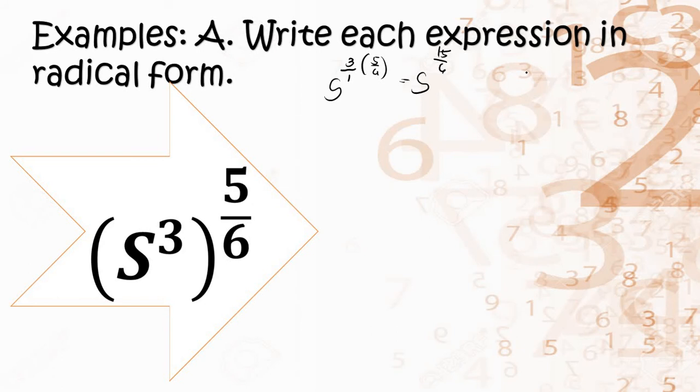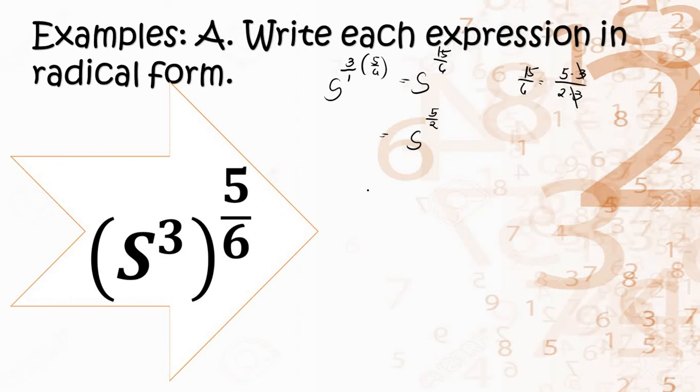Let's get the lowest terms. The factors of 15 are 5 times 3, and the factors of 6 are 2 times 3. We can simplify 3 over 3, so 15 over 6 is 5 over 2. So this is s raised to 5 over 2.